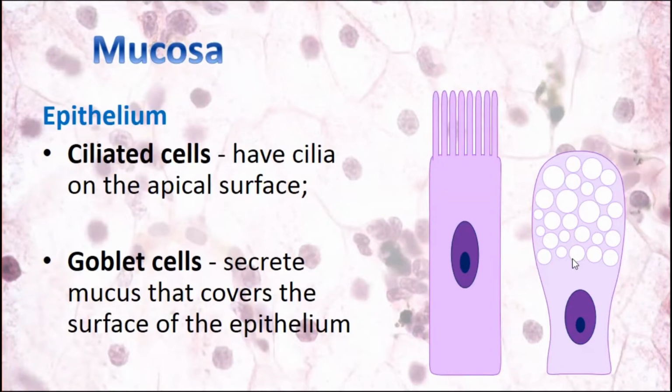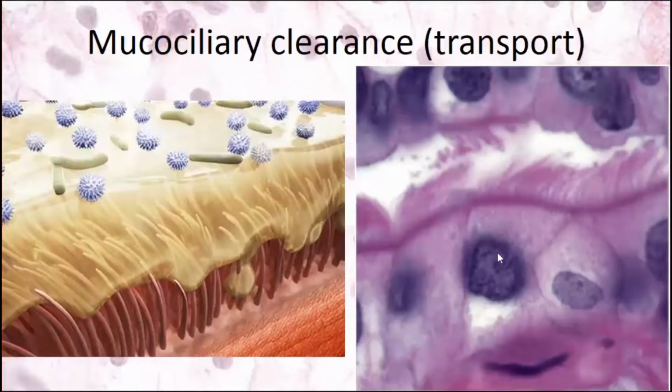So let's look at how they work together. Here we can see cilia of ciliated cells, and they are covered with a layer of mucus. Different dust particles are attached to this mucus, and this mucus is moved by the cilia of ciliated cells.